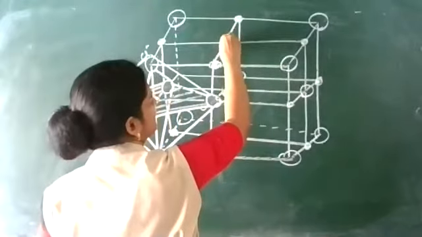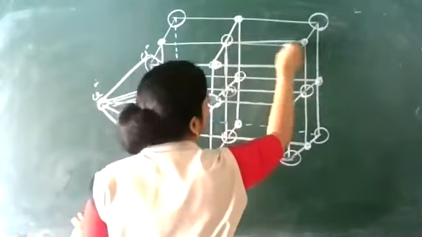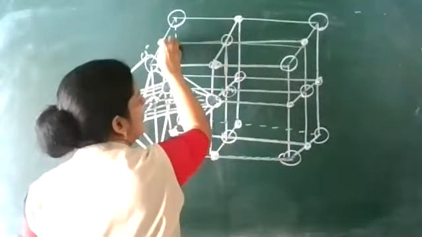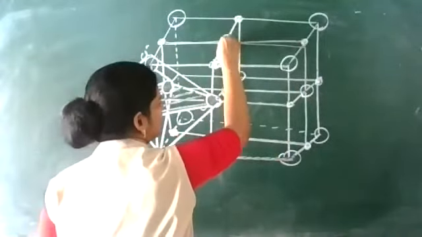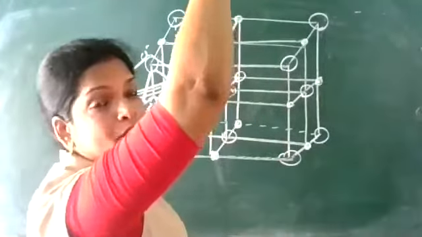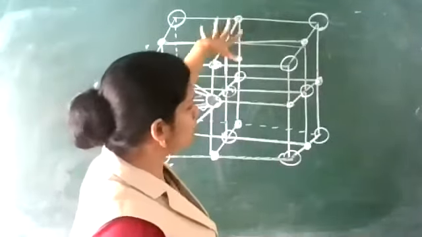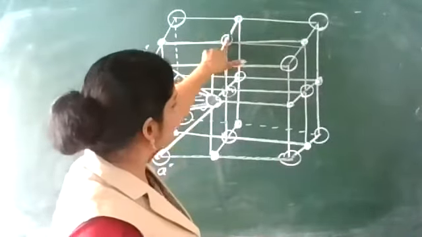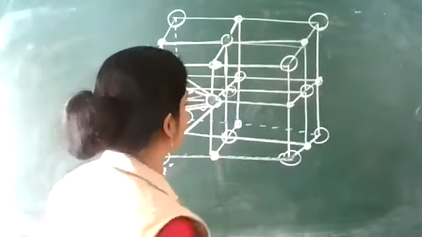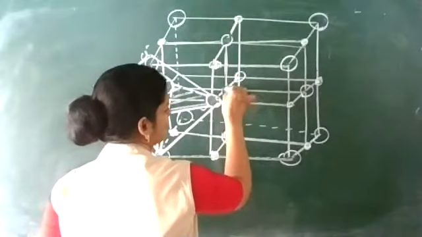This is Cl minus. This Cl minus is in contact with this Na plus 1, 2, 3. Then this is in contact with this 4, 5, and 1 on the top. 1 on the top, that is in the unit cell which is kept above this unit cell. So this Cl minus is in contact with this solid Na plus.